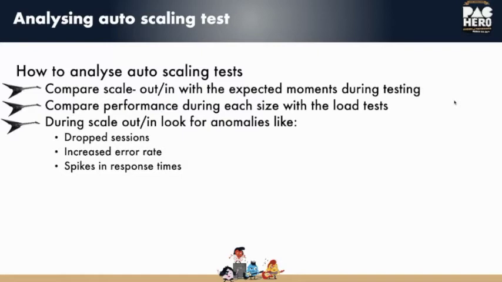Because a server is being started up, the software needs to be loaded in, and then it takes a couple of seconds, maybe minutes, to be all up and running. But in the meantime, the system is being hit with high traffic. So look into that. Maybe you can smooth the transitions by scaling up earlier or scaling down later.